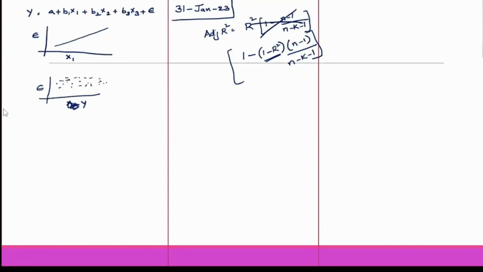K is the number of independent variables, the number of feature variables. N is the sample size. So I'm trying to adjust for K. I'm trying to adjust this unexplained variance for this K. And again, I'm doing a 1 minus to get back to the regression. So it's just like an adjustment for the degrees of freedom.